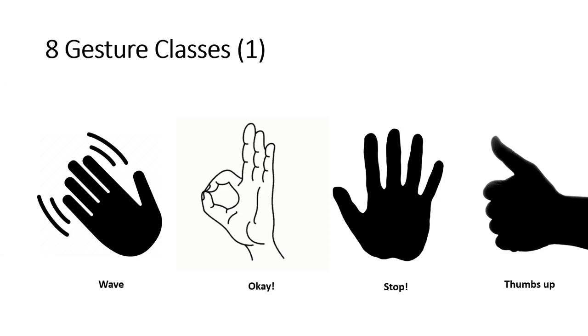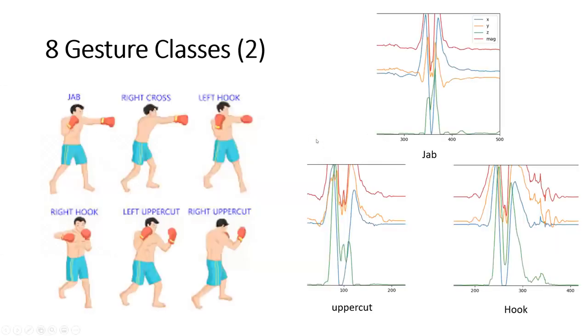In other words, the OK is not just a static OK, it's the actual emphasis with the OK, the stop with the hand motion and so forth, so that there's more data captured or variation between them. The other interest was martial arts, in this case boxing, and I captured a jab strike, a hook, and an uppercut, just to kind of mix it up.